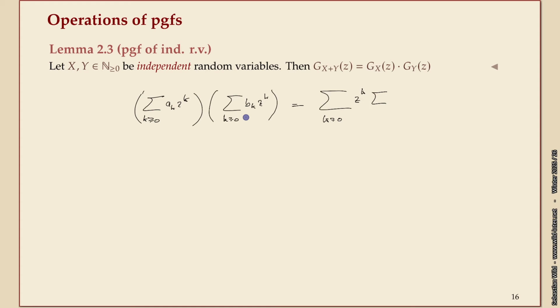Think about this as the finite case, two polynomials. You multiply every combination of terms, and you combine all of the terms where the resulting power is exactly k. So you can have from the first series one contribution z to the l, then you get a_l, and you multiply that by b_(k minus l). That's one of the terms that you're summing up for the resulting sum where the power of z is k.